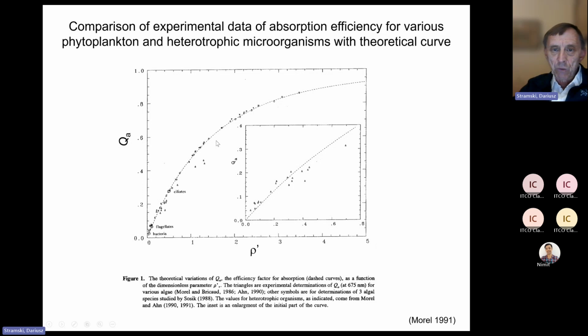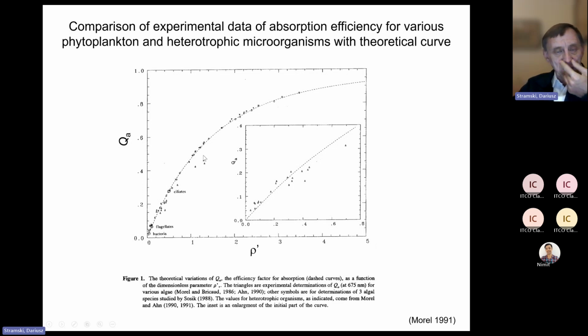The experiments were done with multiple phytoplankton cultures, but also a few other types of organisms that are essentially non-pigmented, non-photosynthetic: heterotrophic bacteria, non-photosynthetic flagellates and ciliates. These microzooplankton cells, flagellates are about 4 micron in size, ciliates about 30 micron, but heterotrophic bacteria about half a micron in size. Other data points are for different phytoplankton species.